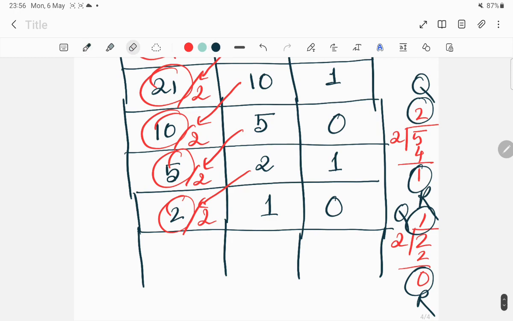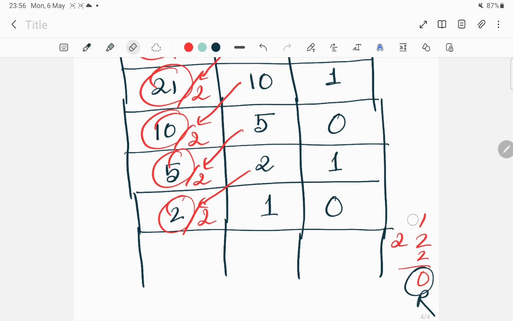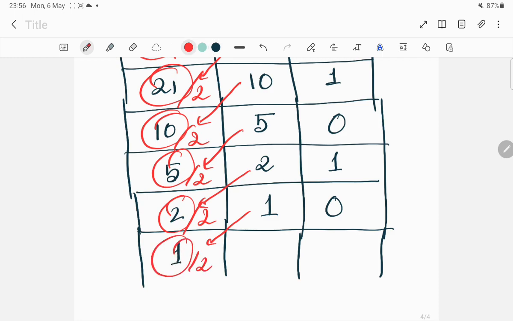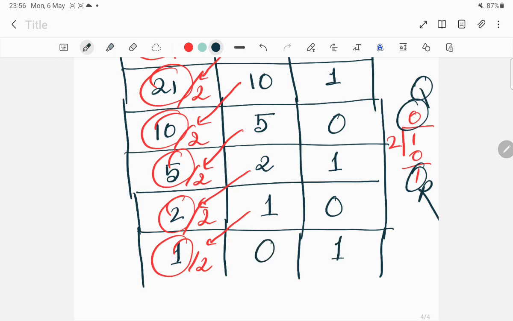Now what is the next step? This will come here. So what do we have? 1. Now 1 will be divided by 2. If you divide 1 by 2, so this is our quotient and this is our remainder. So it is 0 and this is 1.